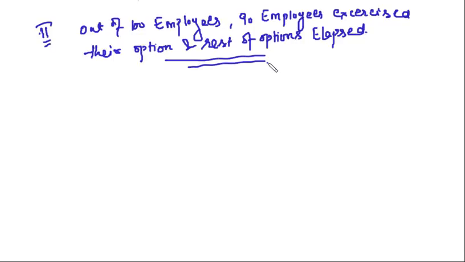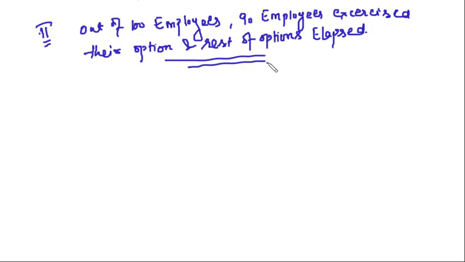Clear? So this is the second case, when all the employees are not subscribing to the option. Out of 100 employees, only 90 exercised their option and the rest of the options elapsed. 10 employees did not opt for the option and their options elapsed.